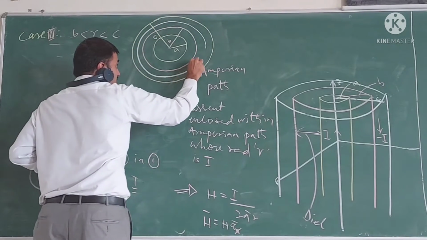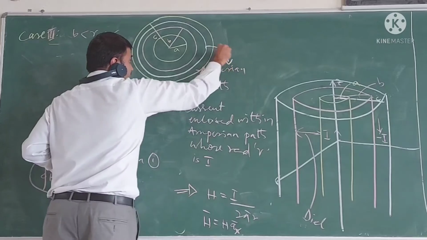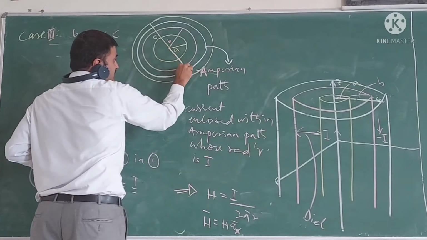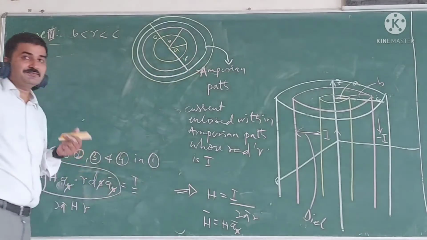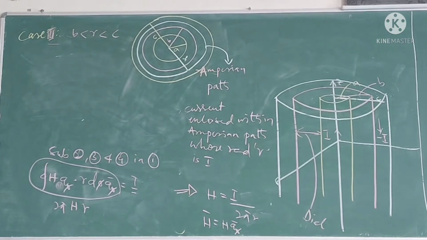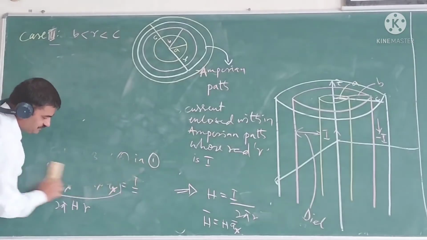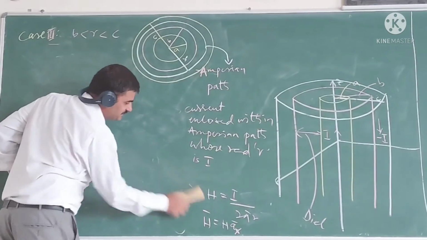This is your Amperian path whose radius is R. Am I right? Are you getting? Only step 3 I need to find.